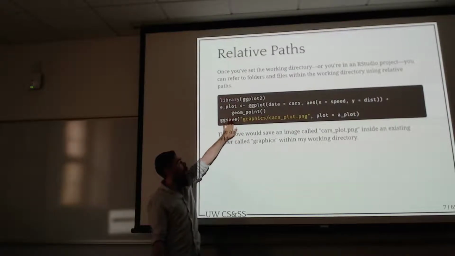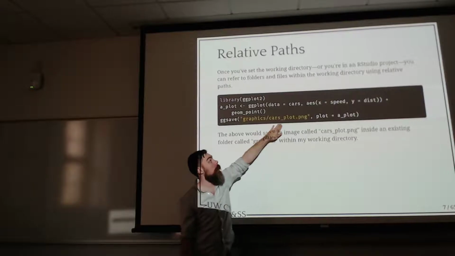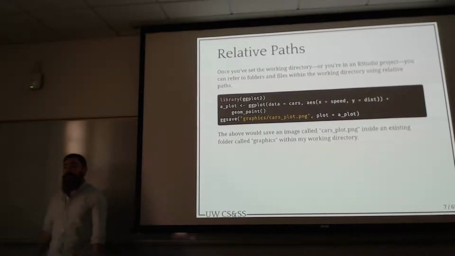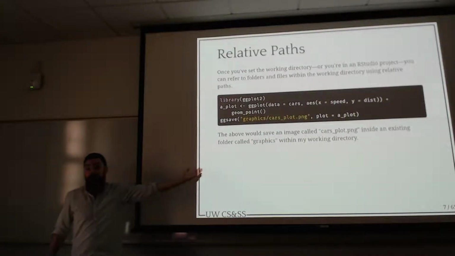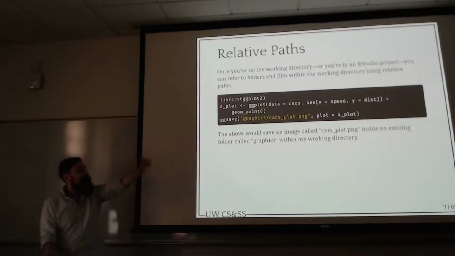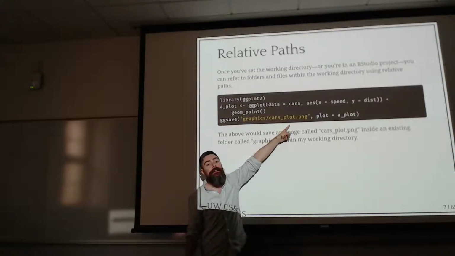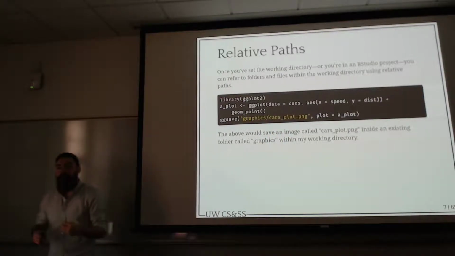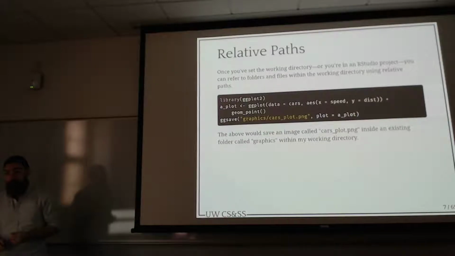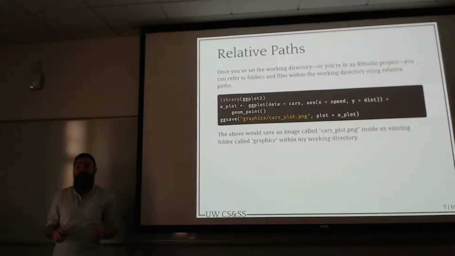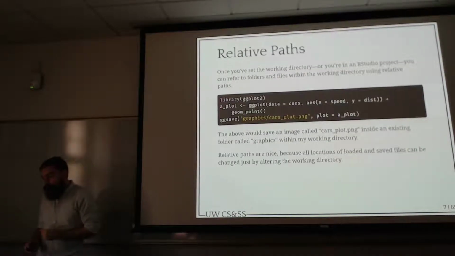Instead of just saying I want to save it to graphics/carsplot.png. What this is going to do is in whatever directory I'm currently in as a working directory, it's going to open the graphics folder and save carsplot inside that folder. This is called a relative directory path because it's relative to whatever the current working directory is.